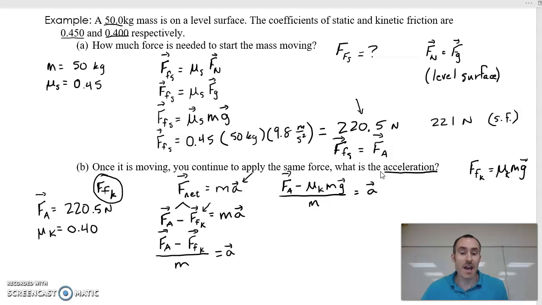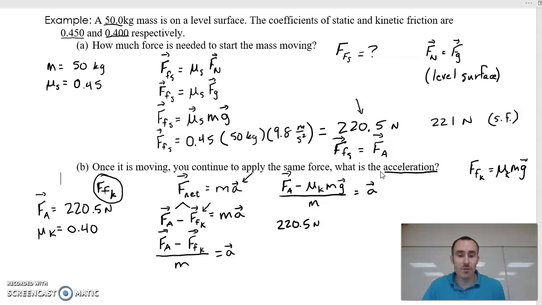We have the F_A, we have the coefficient of kinetic friction, we have the mass, we have 9.8 for gravity, and we have the mass again. Now remember, I can't just cancel out the mass from the bottom and from the friction term because there is no mass in the F_A. Right? So I can only cancel out the mass if I can divide each term by the mass. And I can't do that here. So we can plug in all our numbers.